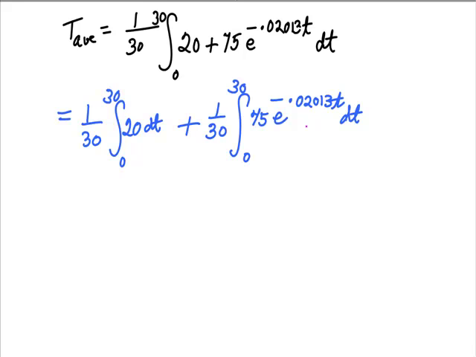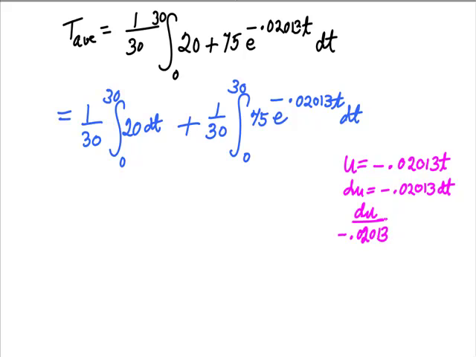So I'm going to do the second one first, the u substitution. I would have to let u be negative 0.02013t, and then du is negative 0.02013 dt. So I have to divide du by negative 0.02013 to get the dt.